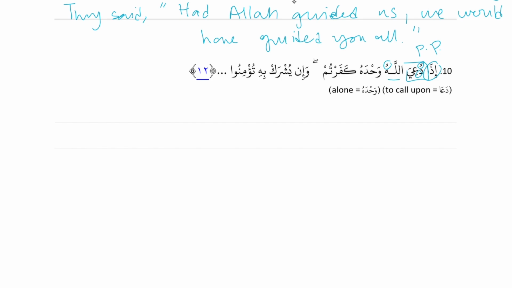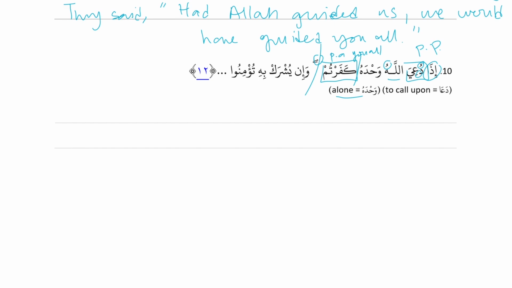And then wahdahu just means alone. You don't have to label it. Oh, okay. It's just like a set word. All right. And then kafartum is a new action, so this is the start of our consequence. And kafartum is past, active, you all. Good.